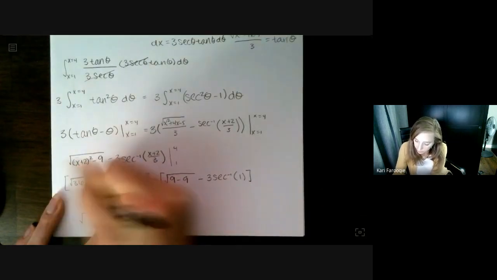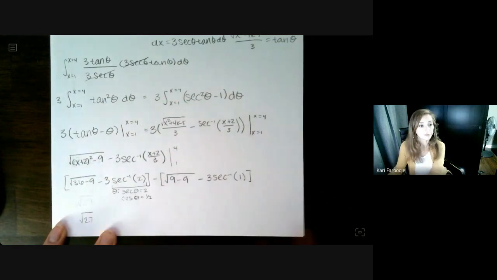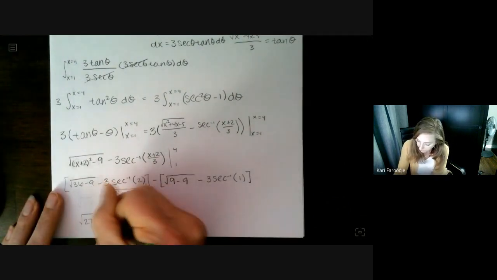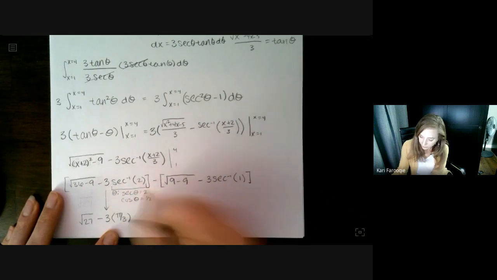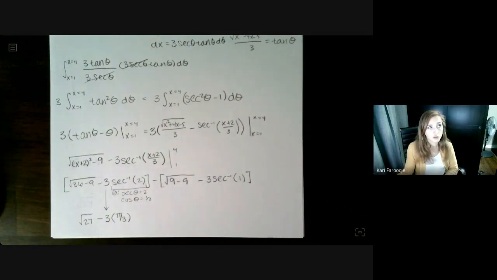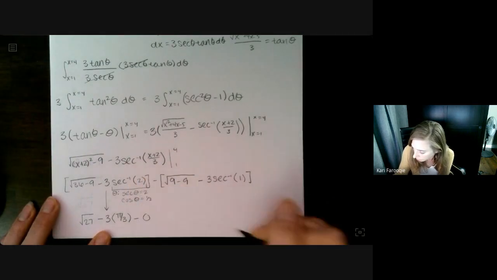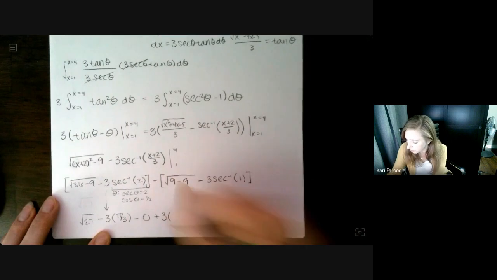Pop this down a little bit. So I know that the cosine of pi over 3 is a half. So I'm going to bring down my 3. And the inverse secant of 2 is going to be pi over 3. And then we have minus 0 plus 3 times the inverse secant of 1.